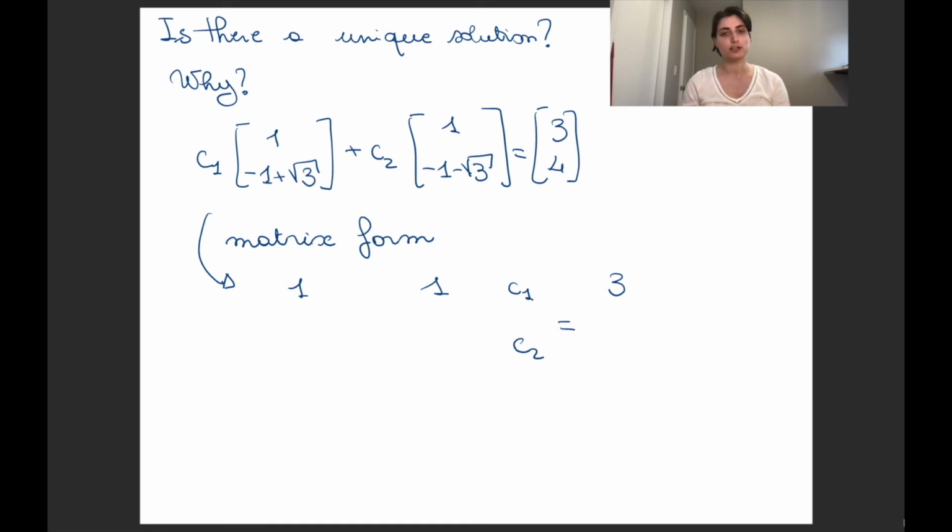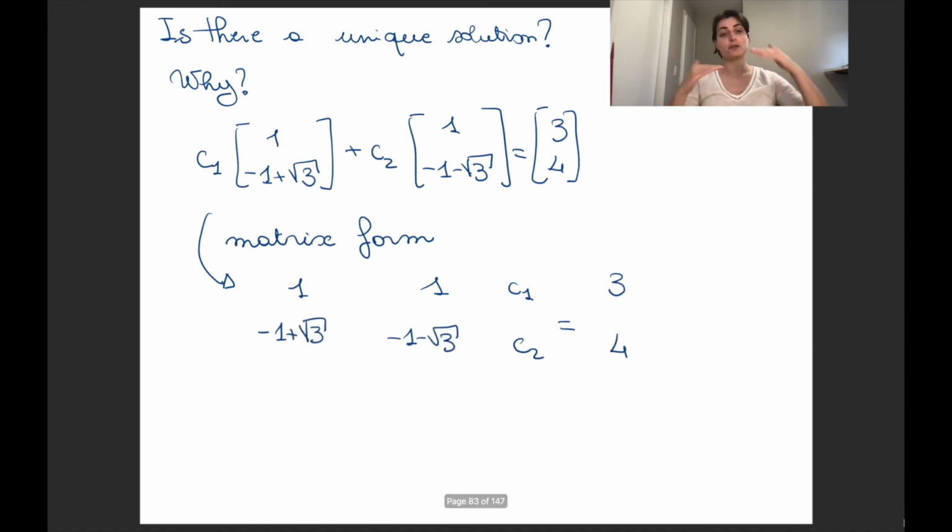So let's build a matrix form. We want the first component of the first eigenvector multiplied by c1. So we place 1 in the first block of our matrix form and c1 in the first value of our unknown vector. We want the first element of our second eigenvector to be in the second position of the first line of the matrix, and c2 as our second unknown. And we want this row of the matrix times the column vector to be equal to 3, the initial condition that we just gave.